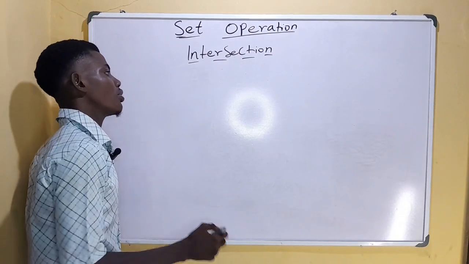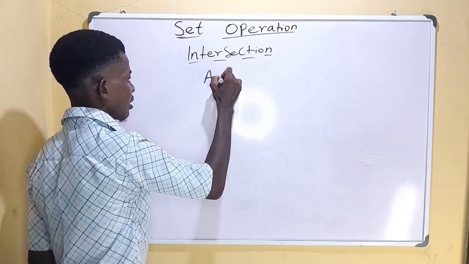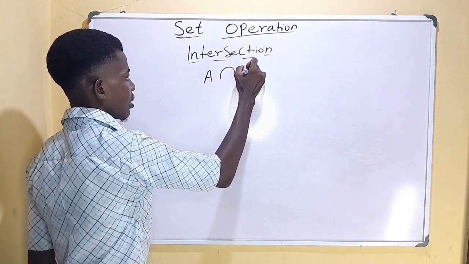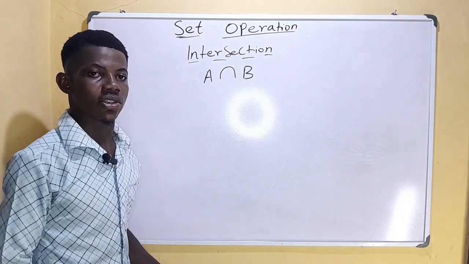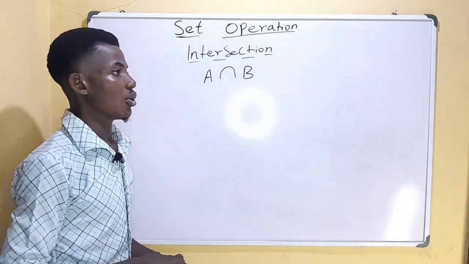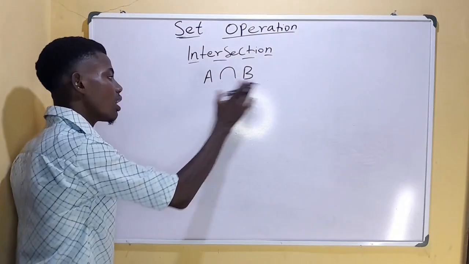Intersection of two sets A and B is denoted as this. We use this to denote the intersection of two sets. Let's define it.